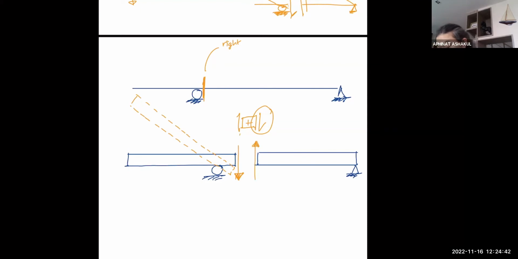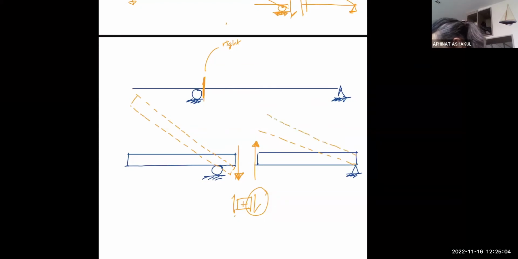On the right, I think it's pretty straightforward because there is nothing, so it's just gonna go up. Like that. It looks a little bit ugly.